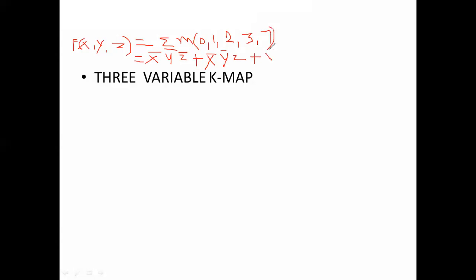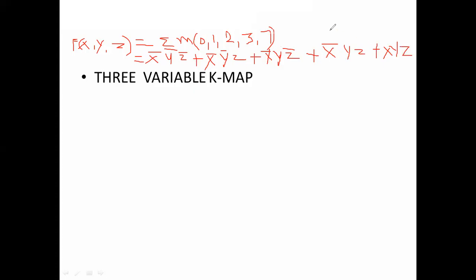That is x bar, y, z bar. 3 is 0, 1, 1, which means x bar, y, z, plus 7. 7 is 1, 1, 1, that is x, y, z.